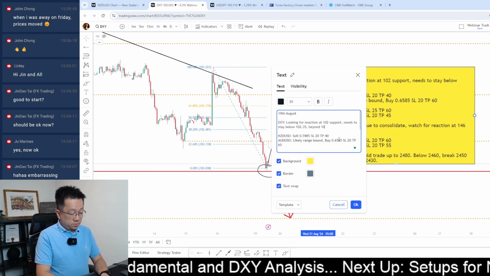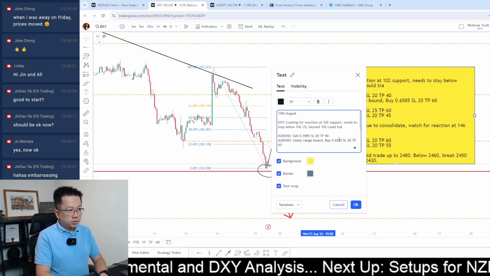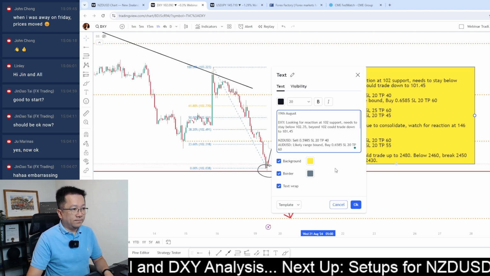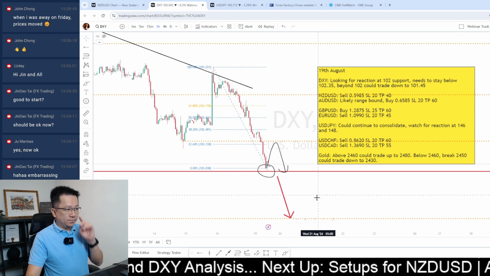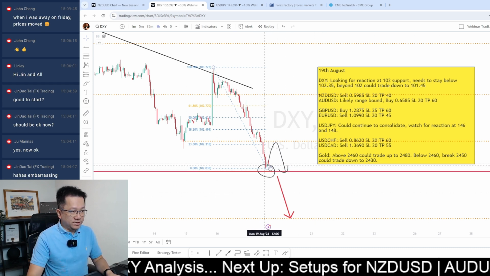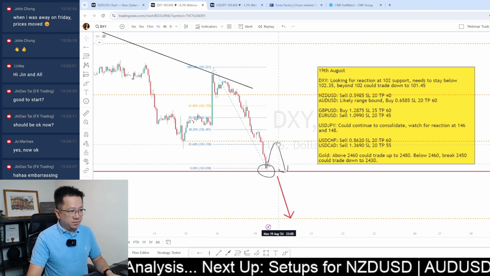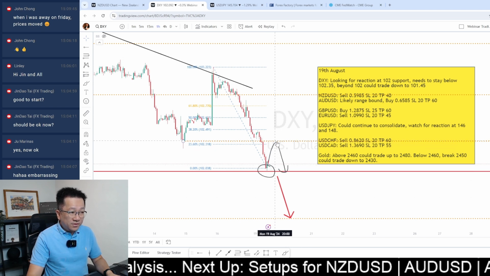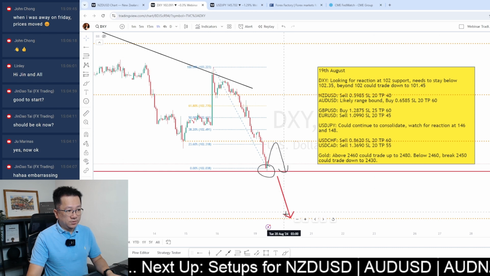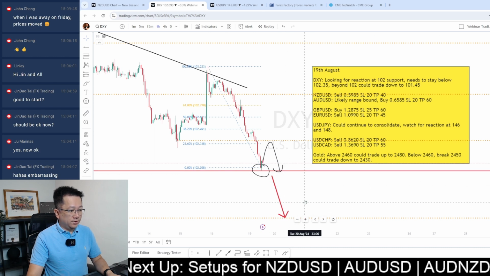Beyond 102 could trade down to 101.45. There we go. Okay, looking for a reaction at this support level. It needs to stay below 102.35. If it breaks beyond 102, could trade down to 101.45.